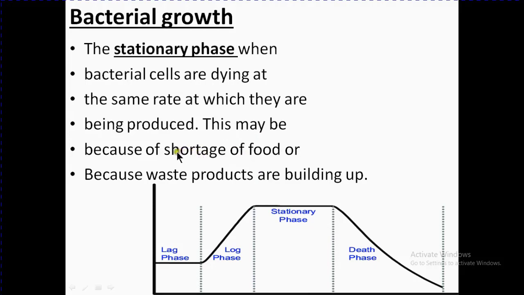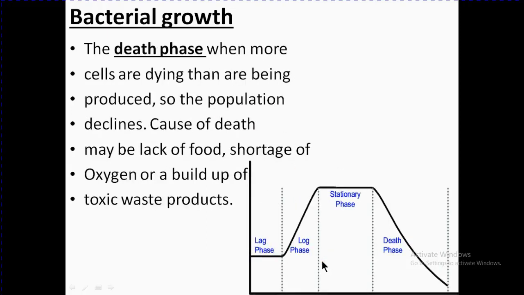This may be because of a shortage of food or because waste products are building up. As growth goes on, maybe there is no food, so the new generation cannot eat, and they become dying here at the stationary phase.